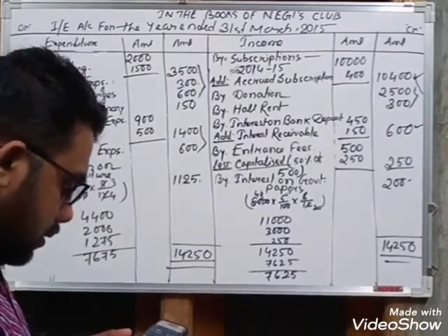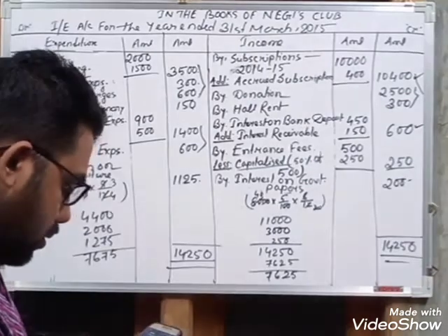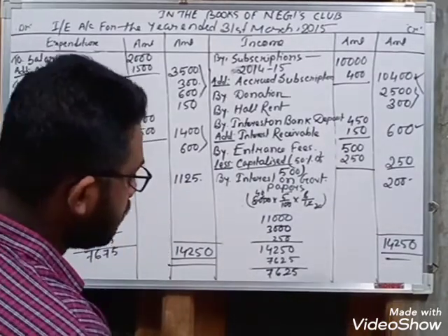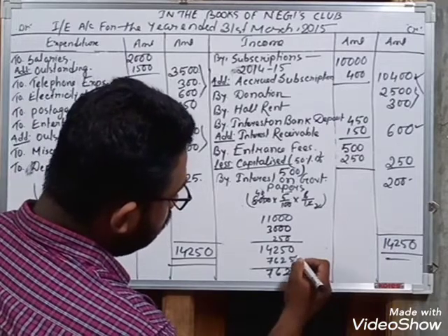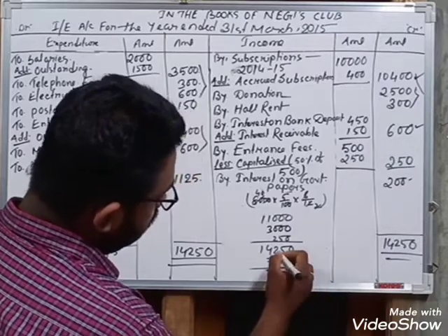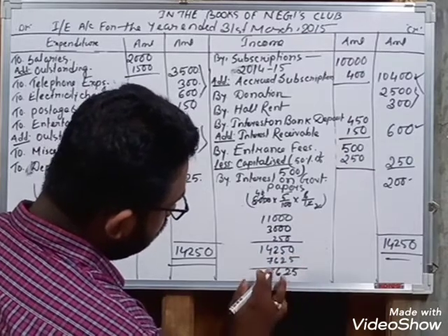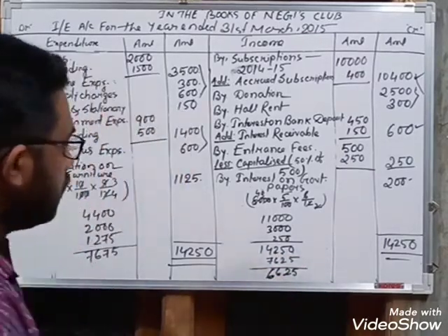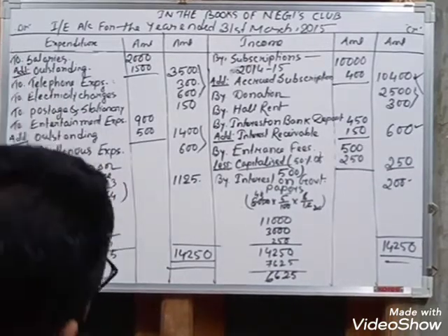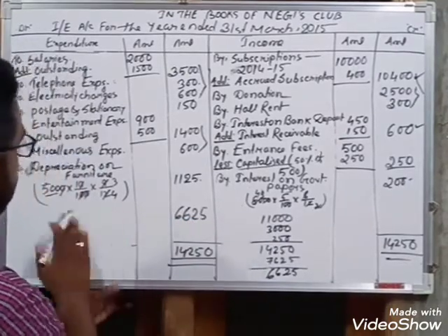So the difference is 6625. So 6625 is our difference, and we will write it as surplus, excess of income over expenditure.